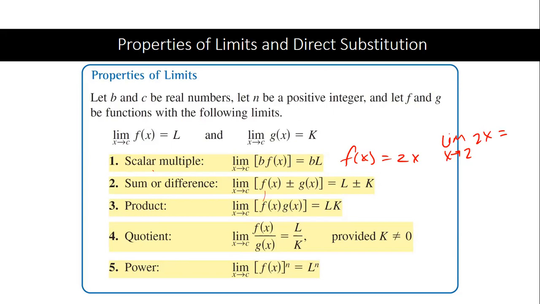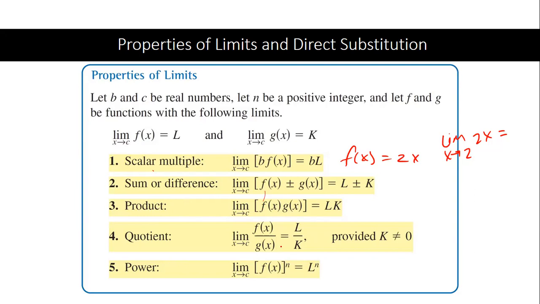All right, sum or difference. So if you're adding 2 functions, you would take the limit of each one and then add them together to get the limit of that function. If you have the product, you would take the limit of each one and then multiply their limits together. Okay, last, quotient, dividing.